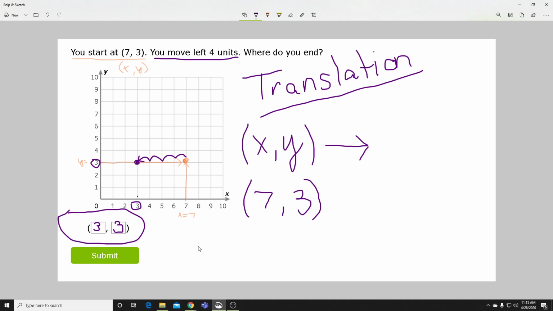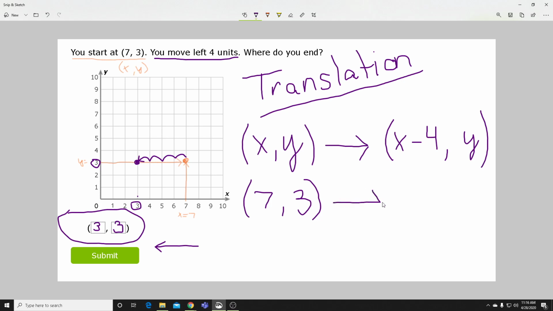We know that the left means that x is getting smaller, right, if we're going to the left. So that means that we can take away 4 from x, but then we're only moving to the left by 4. We're not changing our y, so the y is going to stay the same.